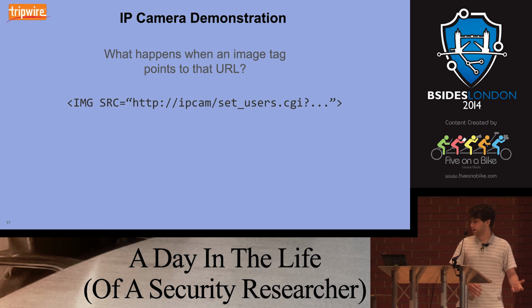So what happens if we have a web page that has an image tag on it, and that image tag has the source referring to the IP address of your IP camera and that set user's CGI script with some parameters being selected to change your passwords?